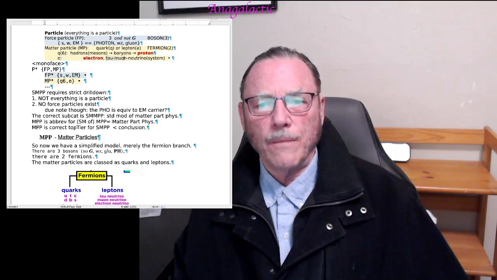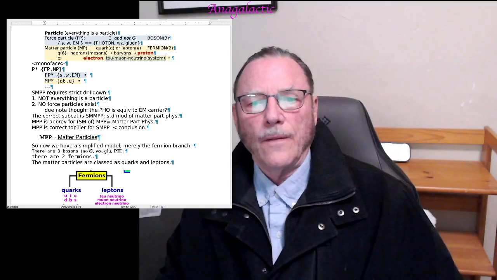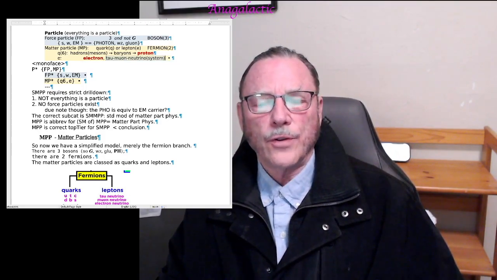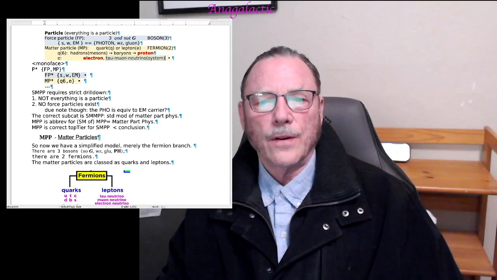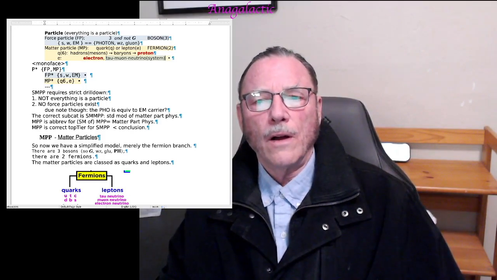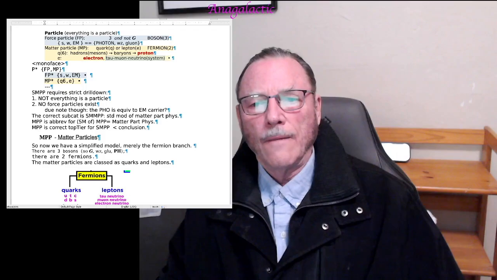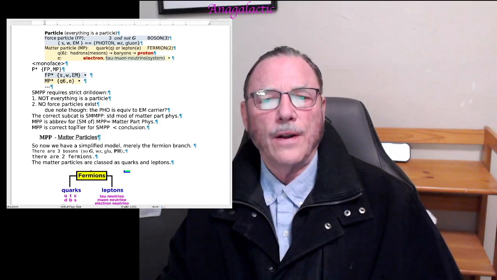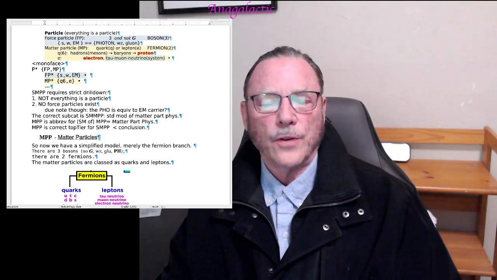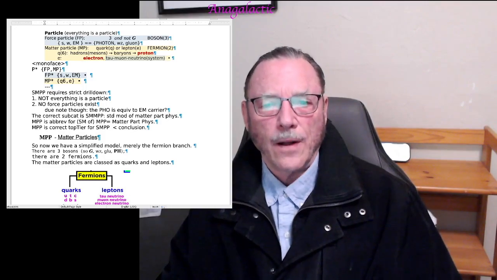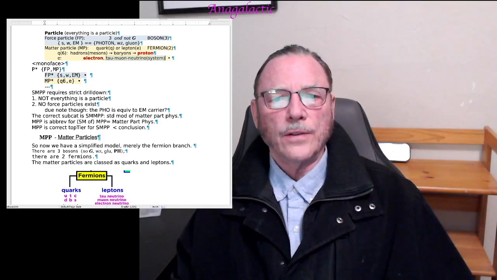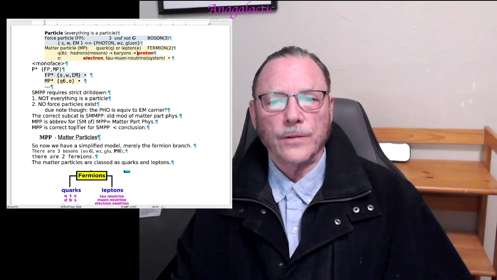But it also can be one of these. And I call this the tau-muon neutrino system because there is a tau neutrino, a muon neutrino, and there are all kinds of combinations of tau-muon neutrino things. You can disregard that. So essentially we found the two mass particles.